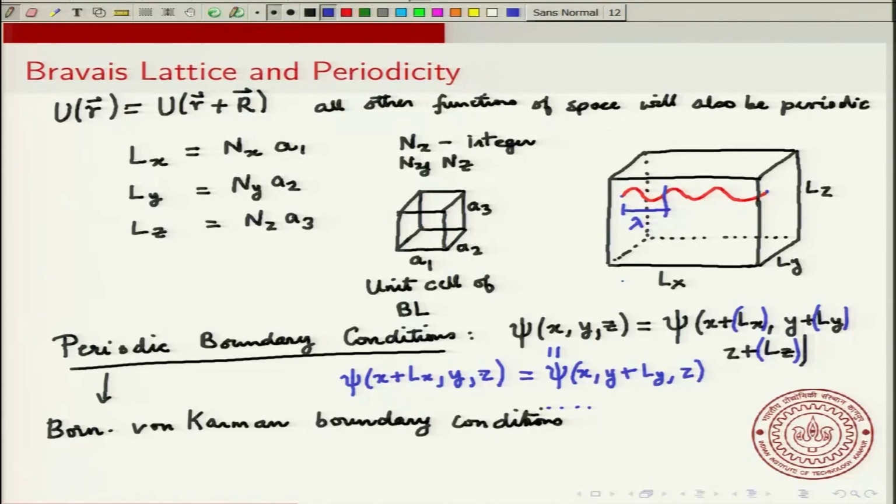This is what we will see. We will see how these Born-von Karman boundary conditions affect the choice of wave functions.